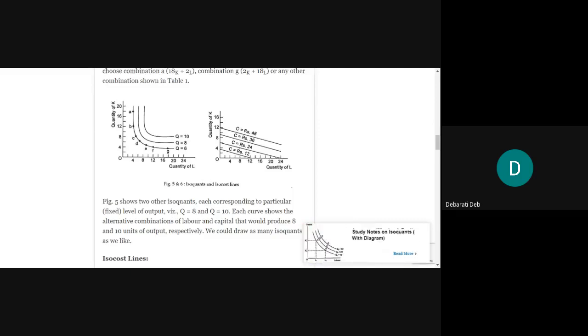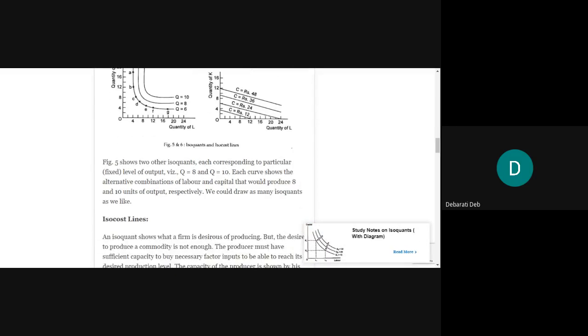Understood? In consumer behavior theory, we call them indifference curve and budget line, whereas when we talk about production theory, we name them as what?